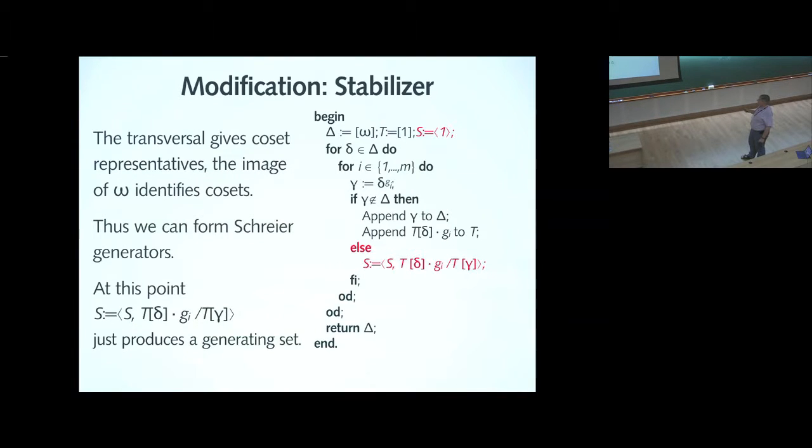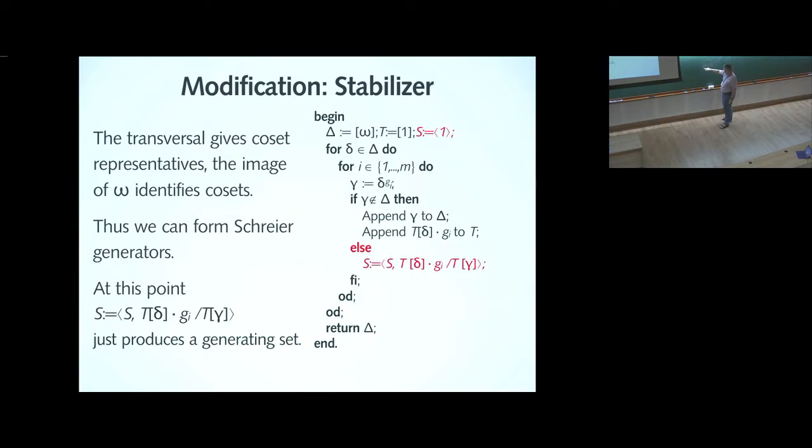We start with a trivial subgroup as the stabilizer, and what we do whenever we calculate an image: if it is new, we do as before, we add a new element to the orbit. But if the image is not new, then we are in this situation. We have some element here, already an image. We take an image under the generator, but we knew already that we could get it this way.